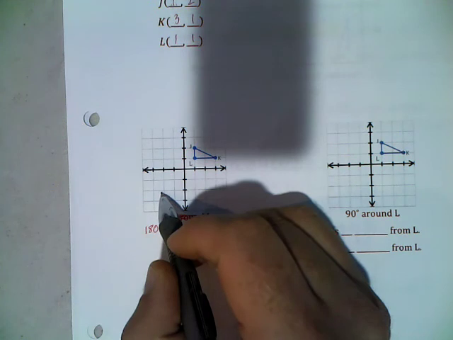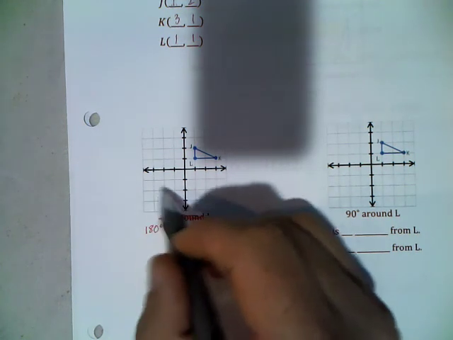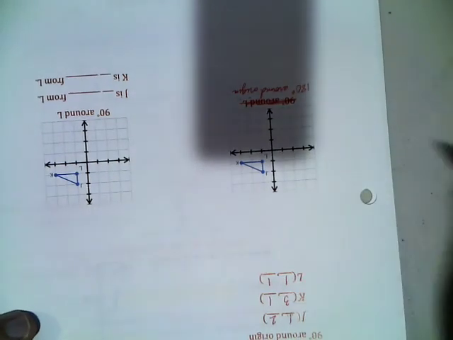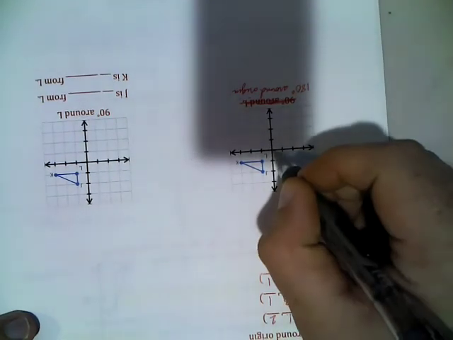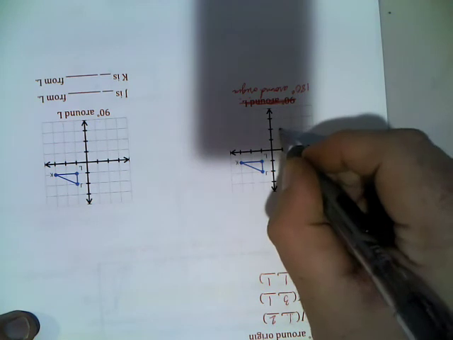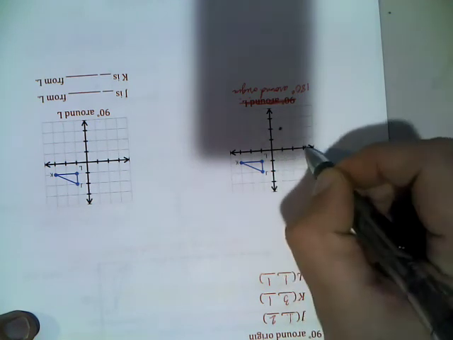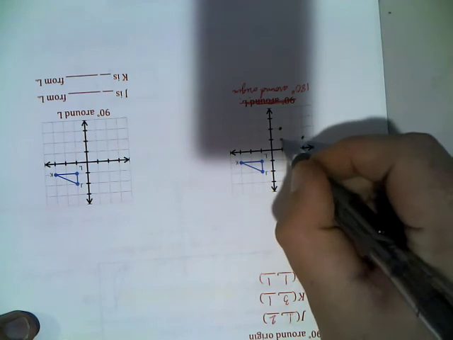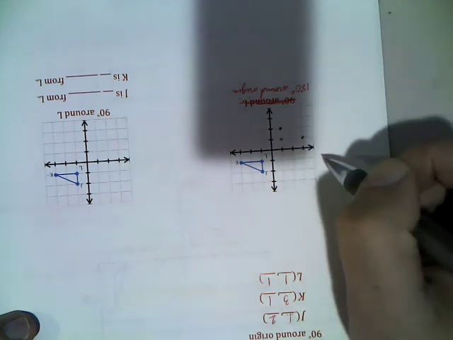So if we imagine going halfway around, this time it's the third quadrant that becomes my pretend first quadrant. So I'm going to rotate that around so that the third quadrant becomes my pretend first quadrant. And now I'm going to graph my new (1, 2), my new (3, 1), and my new (1, 1).